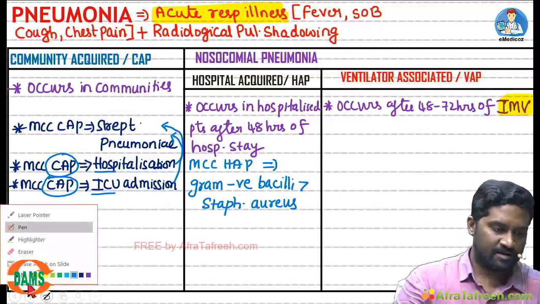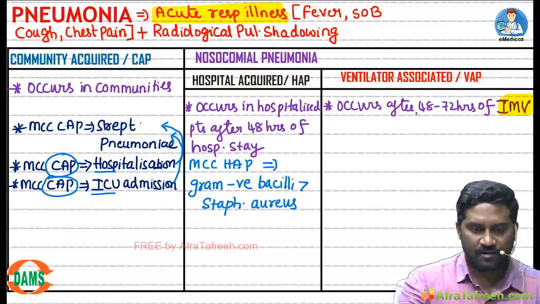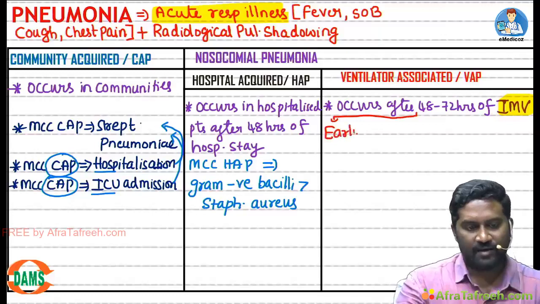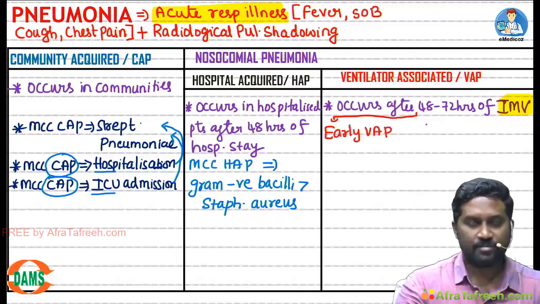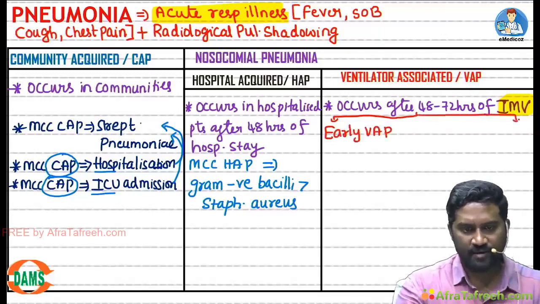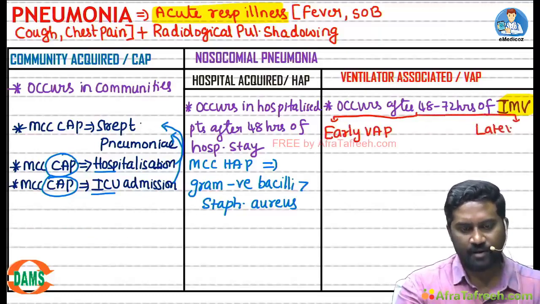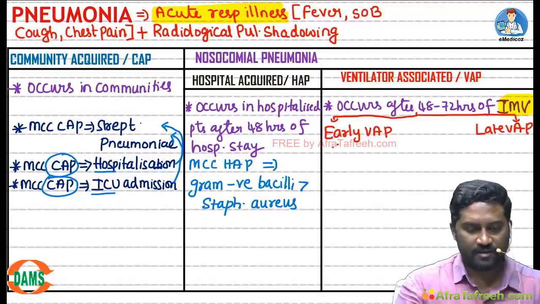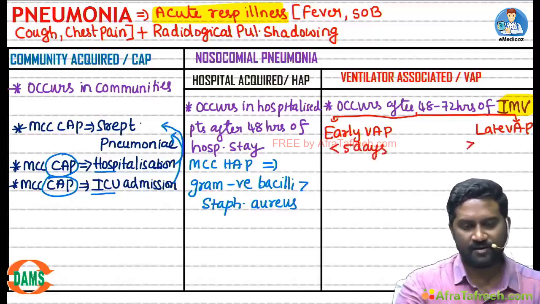Then ventilator associated pneumonia is classified into two forms. We have early VAP and late VAP. Early VAP means it happens within 5 days of invasive mechanical ventilation.